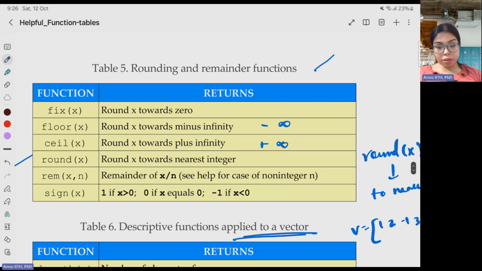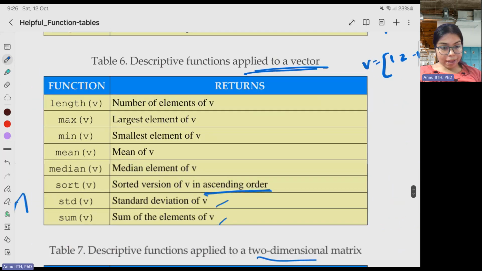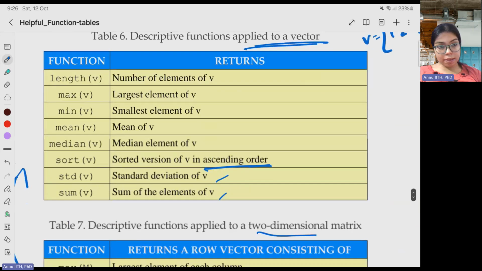These are some useful commands. I already covered, but since this is a summary class, I'm just covering that.